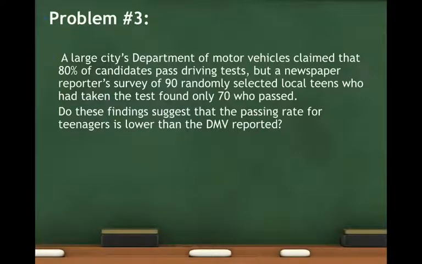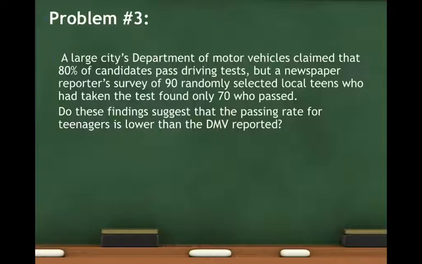Do these findings suggest that the passing rate for teenagers is lower than what the DMV has reported? What we want to do is run our hypothesis test. Here the DMV is claiming that 80% of candidates pass the driving test. A reporter survey of 90 teens found that only 70 passed.